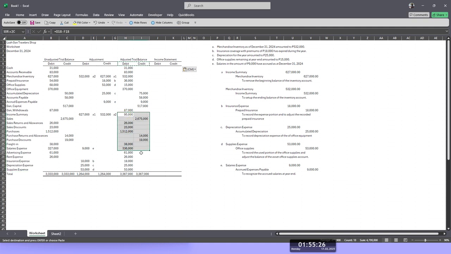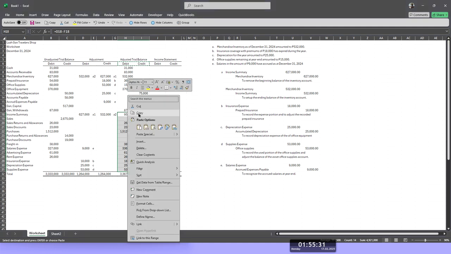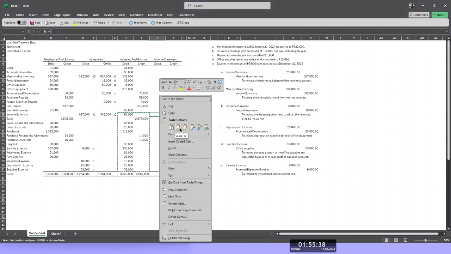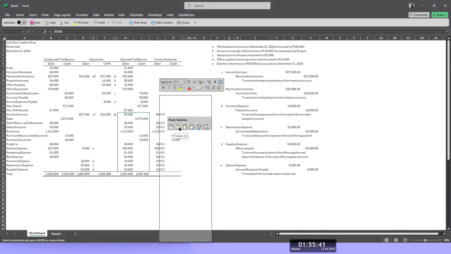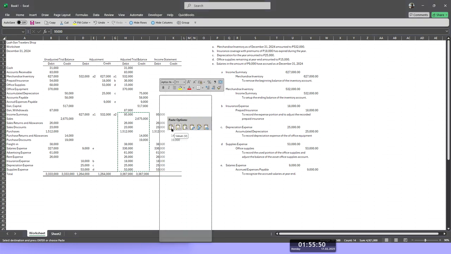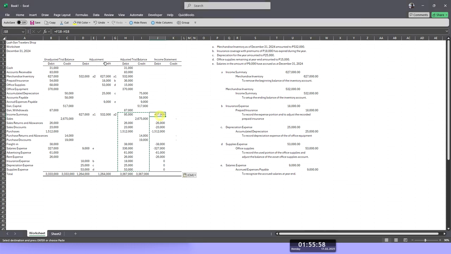So I'll just copy these amounts here, and in using Excel, in pasting them under the income statement columns, I'll use paste values to make sure that the values are pasted instead of the formula, because if I paste it here, it will copy the formula instead.